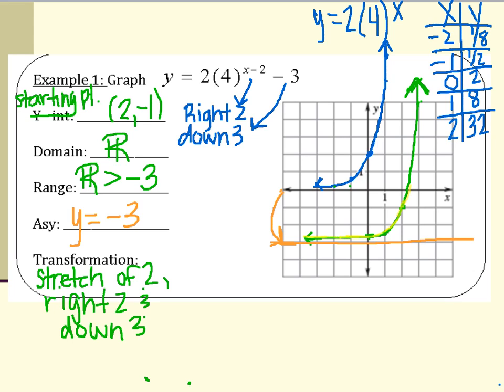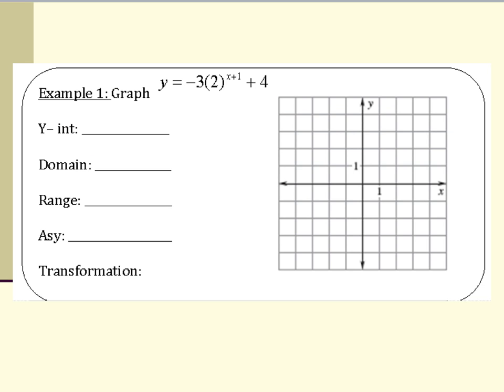So you're going to have two graphs on these, but highlight it, do something, make it look a different color, put a big arrow, say this one, do something to show that that one's your final answer. So that yellow graph is my final graph for this. I started by doing a basic one and then just did my right 2 and down 3 to find my new graph. So let's look at our next and last one this video.